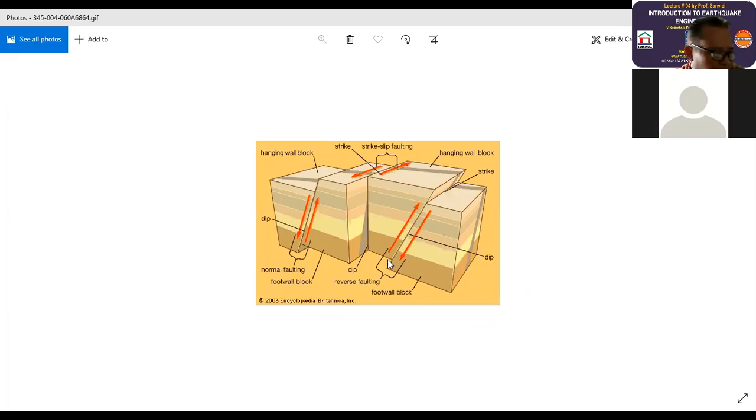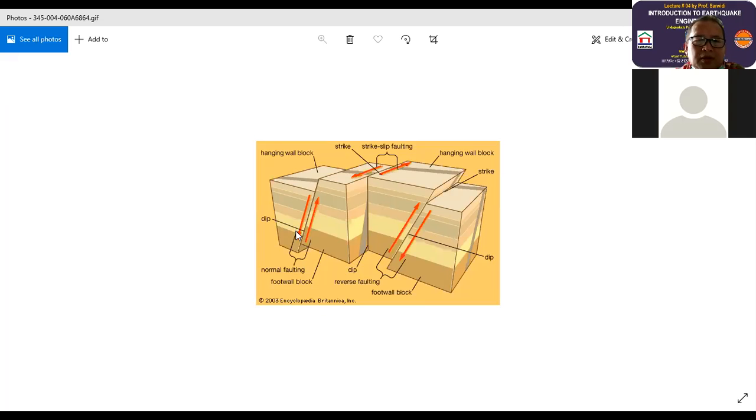This is just to remind you that there are many types of mechanisms of damaging or moving tectonic plates.